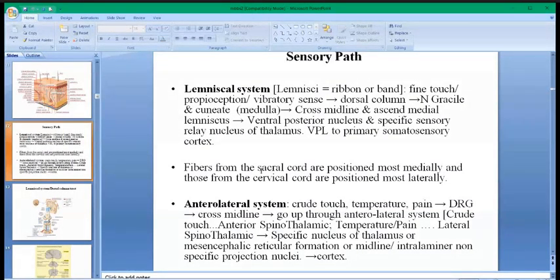From other portions of the body it is going. Then you have to see whether the tumor is in the sacral position, and medial nerves are affected, and if laterally affected, it means the cervical cord is affected. That is why.